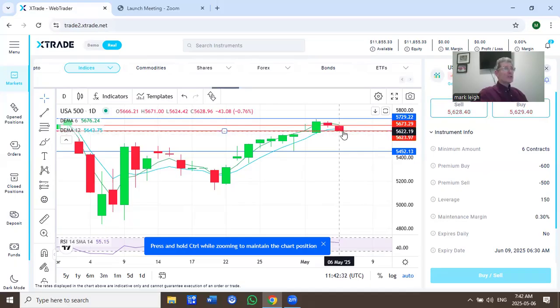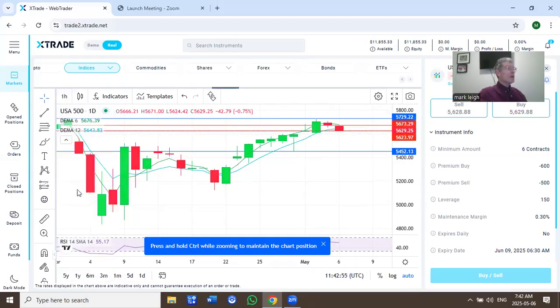I've got support sitting here at 5,625. That is the support level. Let's see if buyers can bounce up off there, if there is demand in the US major equities, particularly the S&P, and if buyers can continue what we saw here, or if sellers are going to break below this support area.